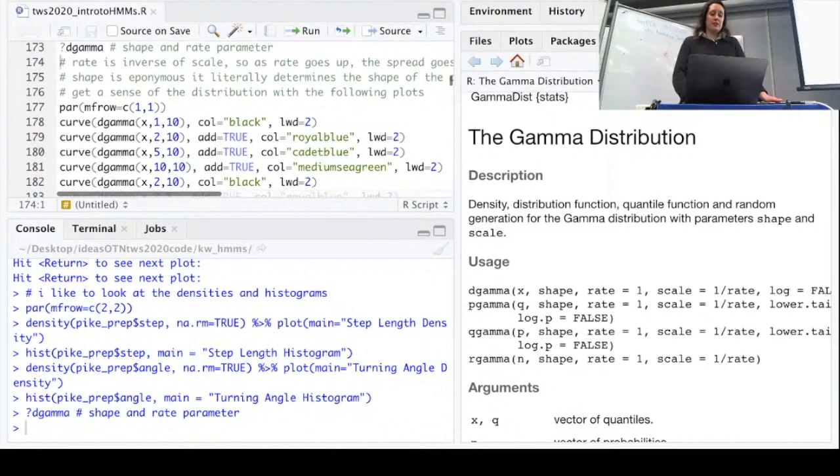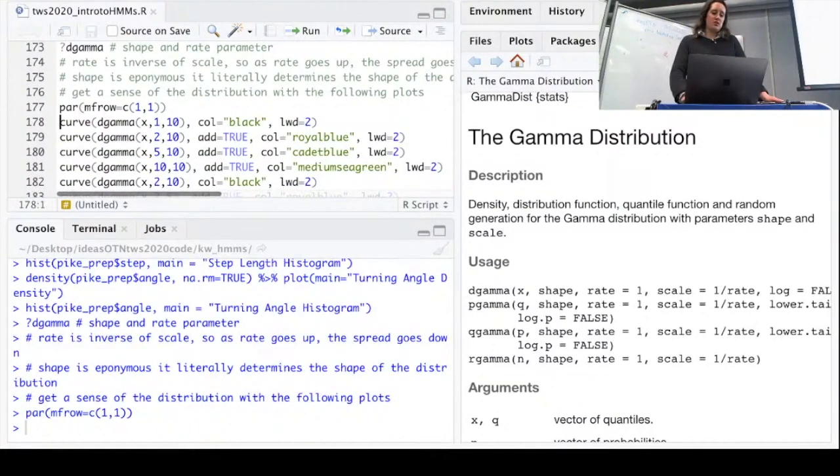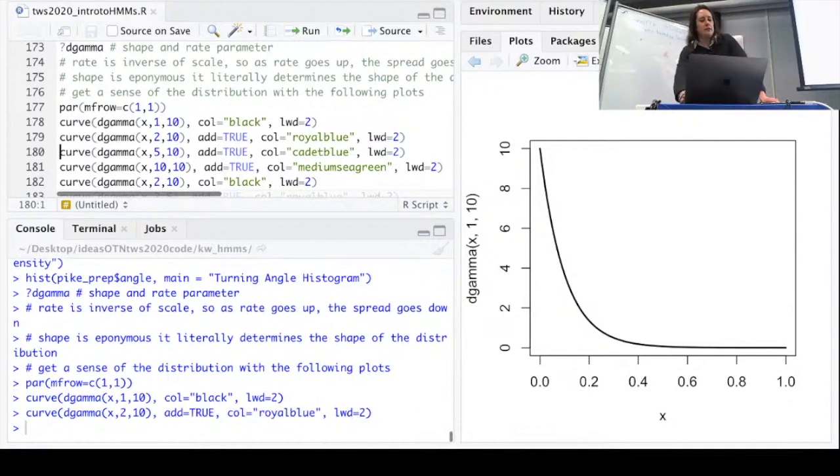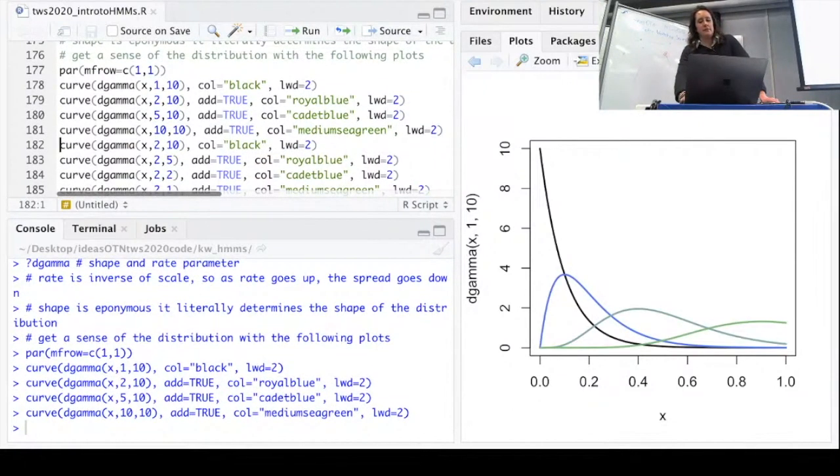The best way to do this, honestly, is just to look at what happens when you plot different values for these gamma distributions. In this first one, I'm parameterizing in terms of the rate parameter. I'm keeping that at 10, but I'm increasing the shape parameter. And you really notice that the shape parameter changes the shape of the distribution.